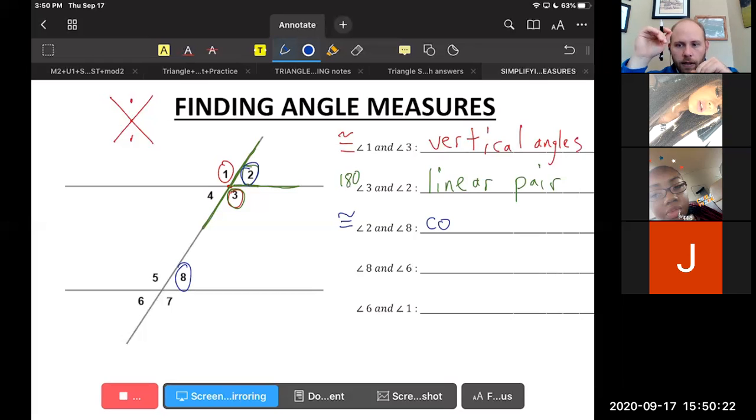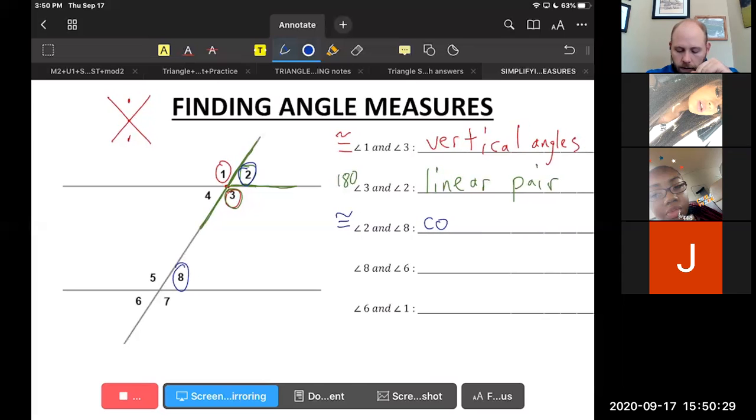I use the directions for this one. Anything? Ringing a bell? These are corresponding angles.